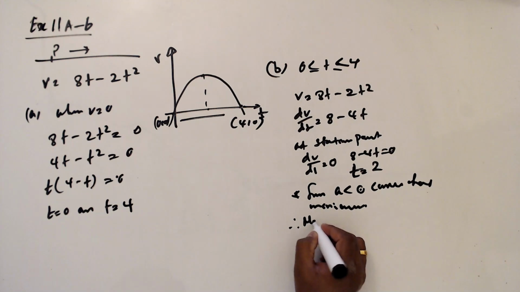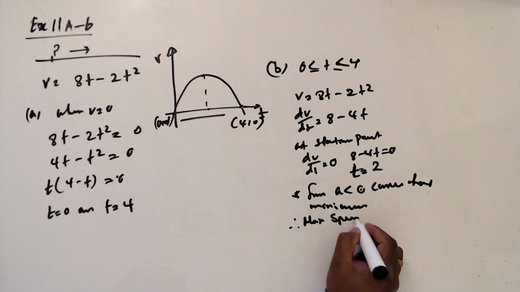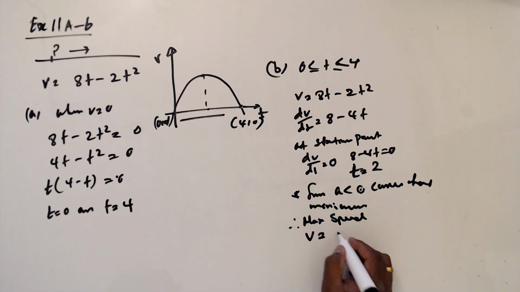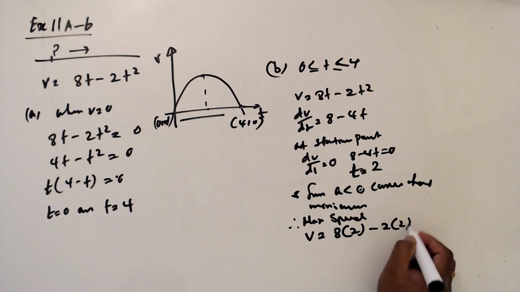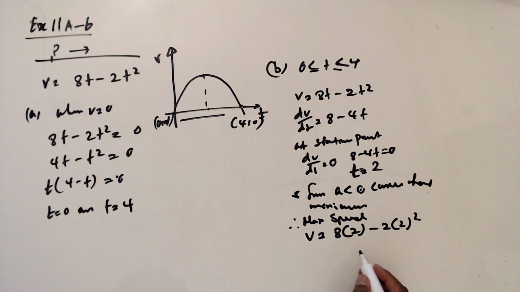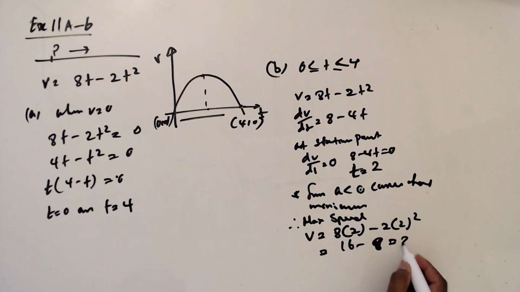Hence the max speed v is 8 times 2 minus 2 times 2 square, so this is 16 minus 8, which is 8 m/s. That is the max.